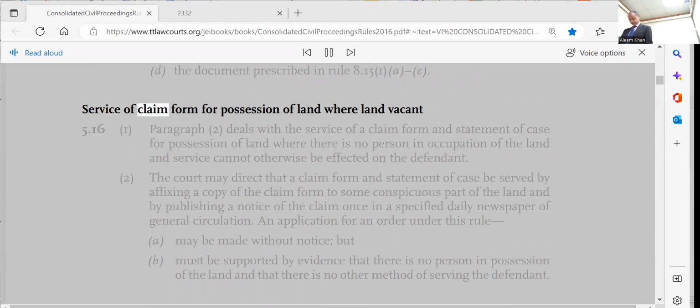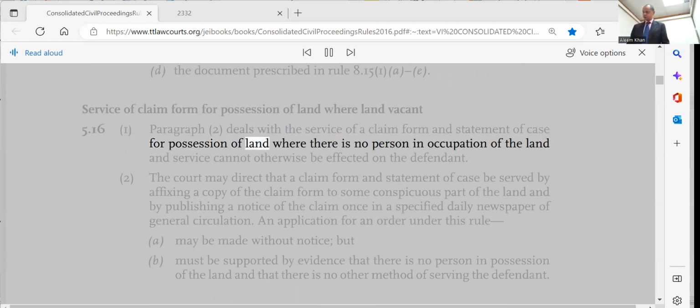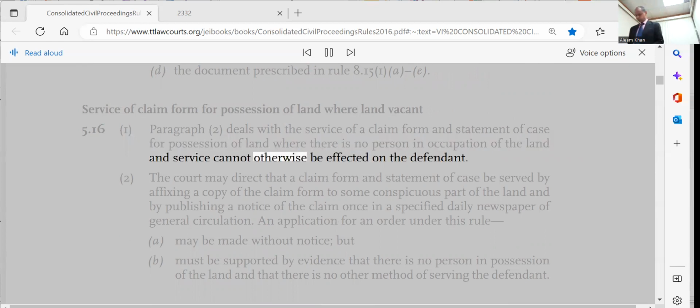Service of claim form for possession of land where land vacant 5.16. 1. Paragraph 2 deals with the service of a claim form and statement of case for possession of land where there is no person in occupation of the land and service cannot otherwise be effected on the defendant. 2.